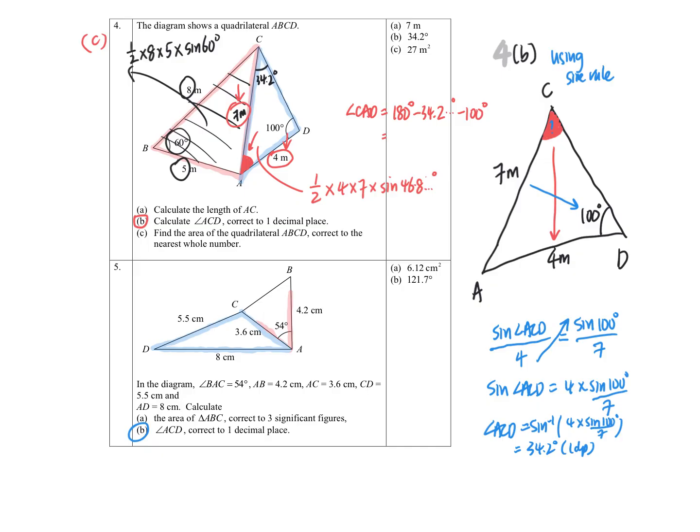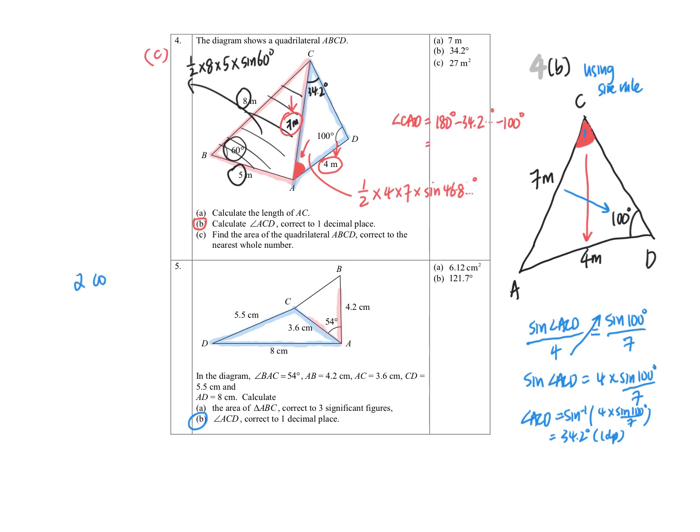Okay, so when you have two conditions, when will you use cosine rule? Only two situations. One, when you have a triangle and all three sides are given to you, you will use cosine rule.